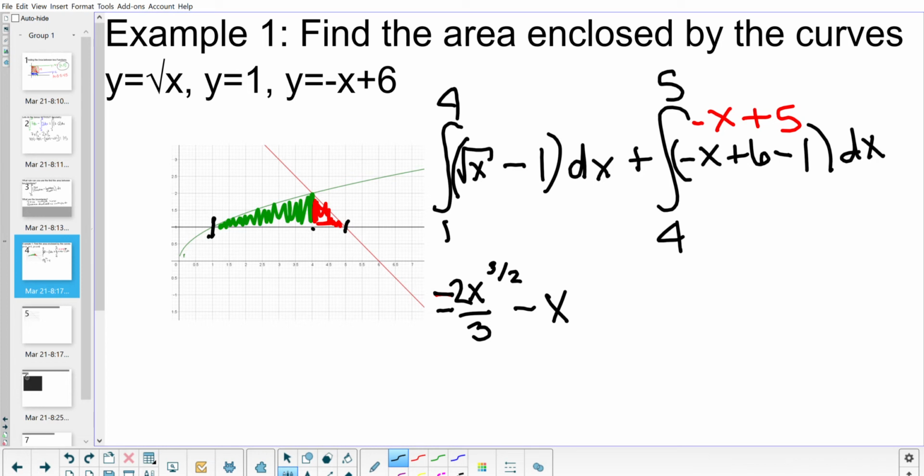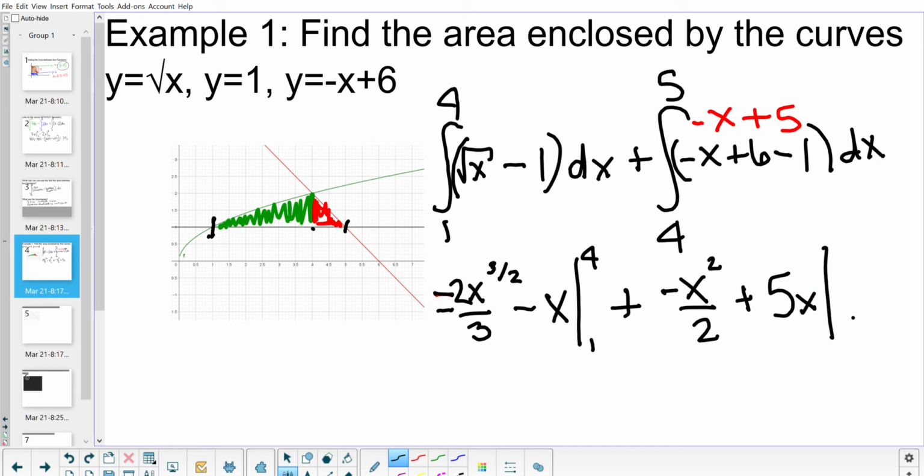And that has to be evaluated from 1 to 4. So there's just a lot of computation with this. Okay, so then plus, the antiderivative of negative x is negative x squared over 2 plus the antiderivative of 5, 5x. And that has to be evaluated from 4 to 5.